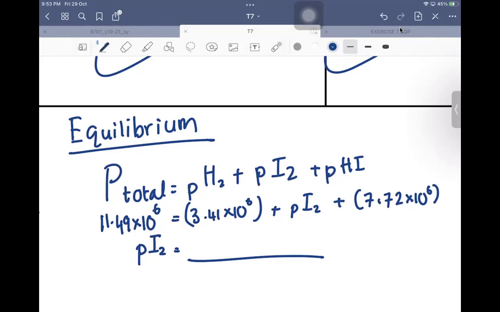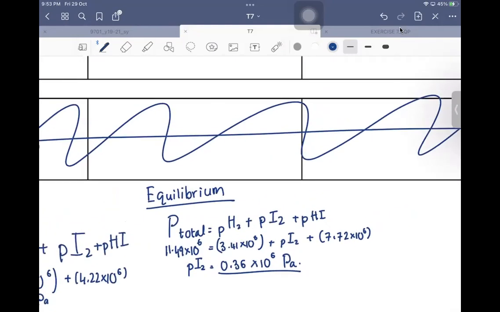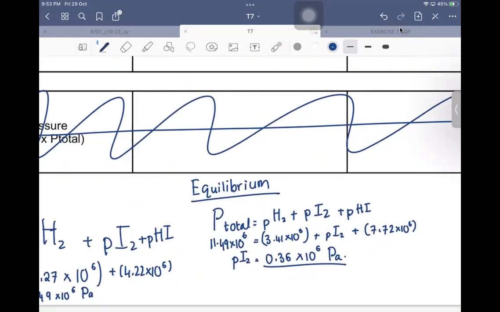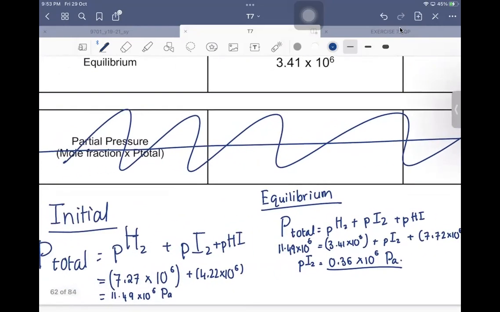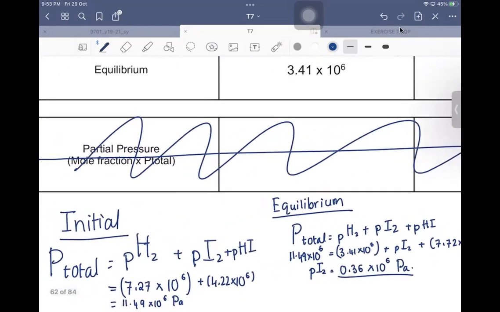Is that right? 11.49, 3.41, 7.72. Okay. 0.36 times 10 to the power of 6. And this is in pressure, so Pascal. So that's only part 1 of the question, where it requires you to work out the partial pressure of iodine at equilibrium. Okay, so this is the partial pressure of iodine.